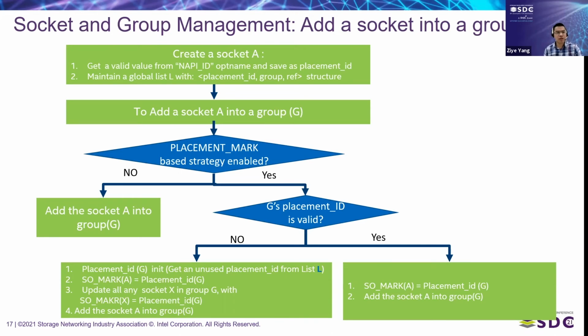This page just shows when the NVMe over Fabrics initiator creates a socket on a dedicated thread, and how we can manage it if we enable the ADQ technology. For example, through the diagram, you can see that if we want to create a socket A, we will first get a valid value through the NIC ID optname and save this as the placement ID.